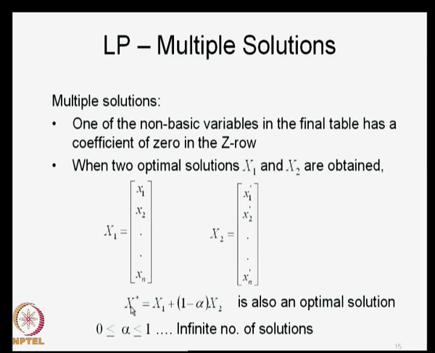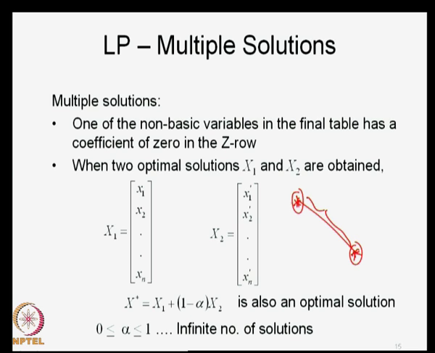You can generate another set of solutions as alpha x1 plus 1 minus alpha x2. So, x1 is this solution and x2 is this solution, and you take alpha varying between 0 and 1. Essentially, you got this solution and you got that solution, and you are generating all the solutions along the line between them, and therefore you can write this as alpha x1 plus 1 minus alpha x2.